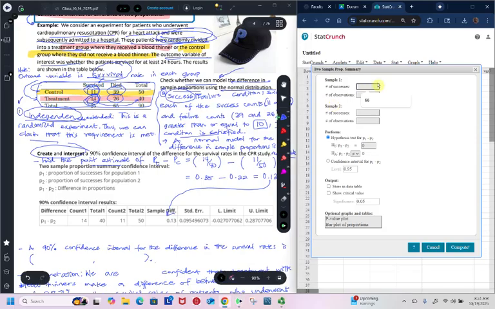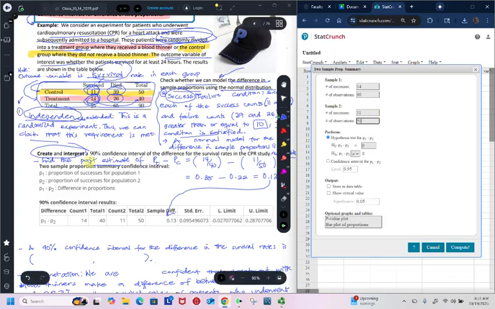So I key in 14 out of 40 versus 11 out of 50.